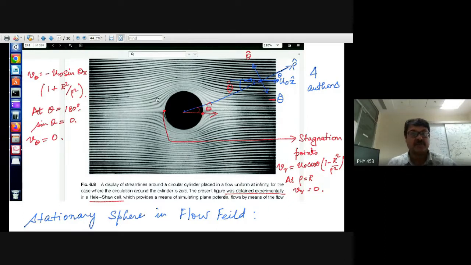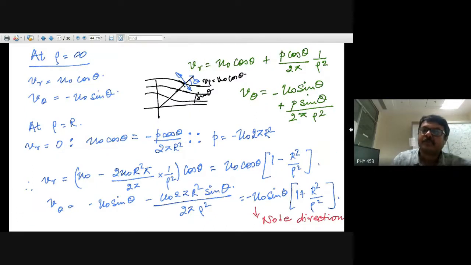And of course, if you're doing it at a finite distance, this term would also play a role. And you see at very far, basically you can take the cos theta, which is this direction, and the theta component, and this will be the minus theta, and it matches the boundary conditions, right?